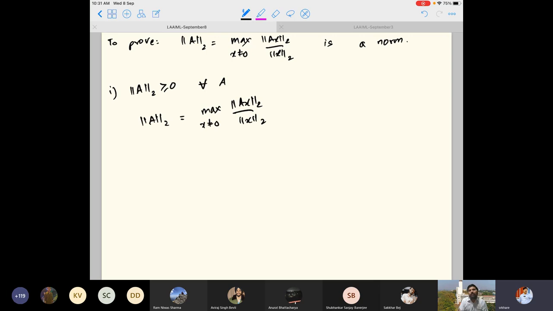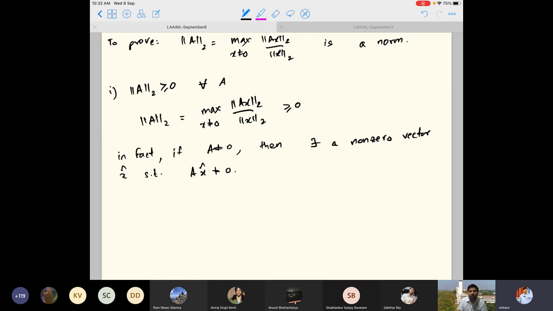So you are looking at the maximum of all non-negative numbers, so that maximum has to be greater than or equal to 0. And in fact, if A is not equal to 0, then there exists a non-zero vector x-hat such that A x-hat is not equal to 0. Correct? And you use this, A x-hat is not equal to 0.